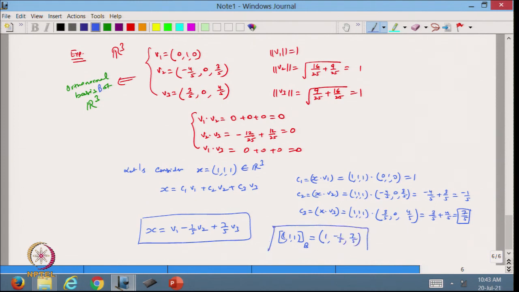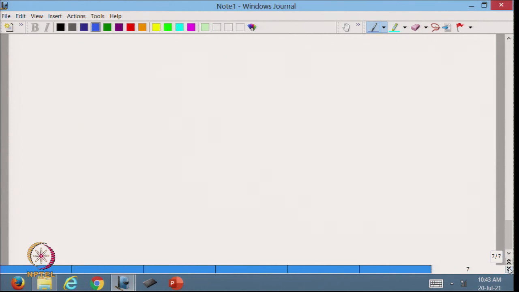So, that is the answer of this question. So, it is very convenient for us to find the coordinates of the vector x with respect to the orthonormal basis. So, that is one of the advantages of taking the orthonormal basis.